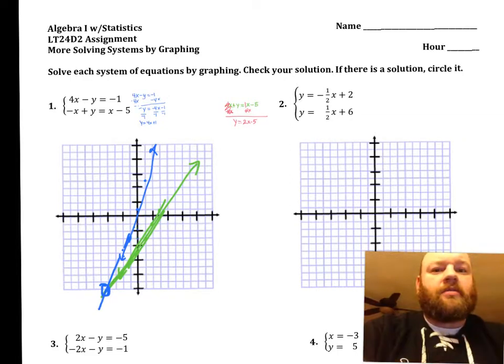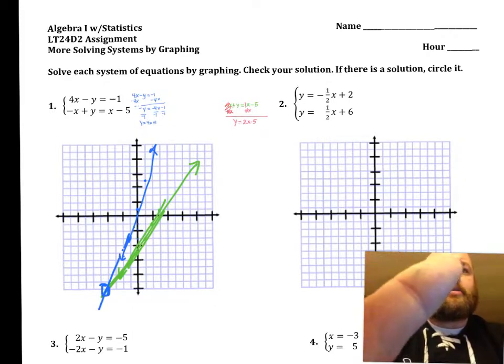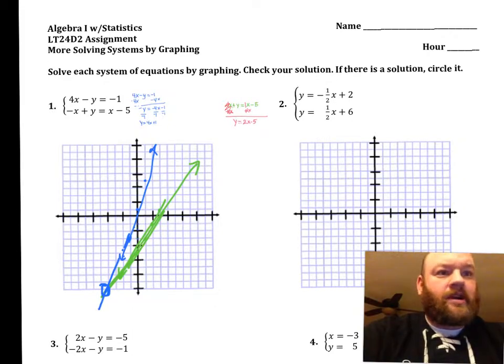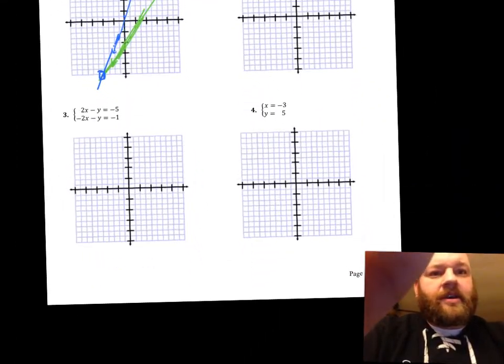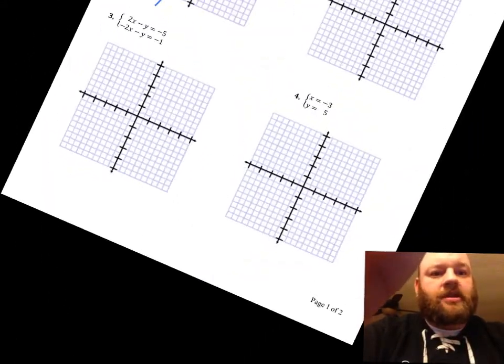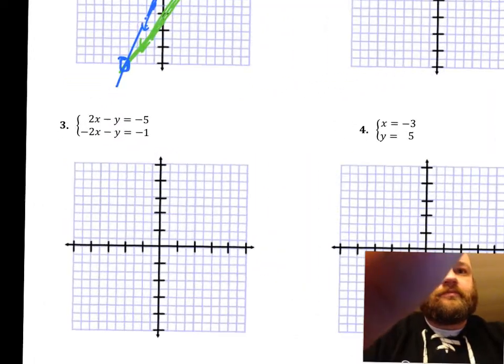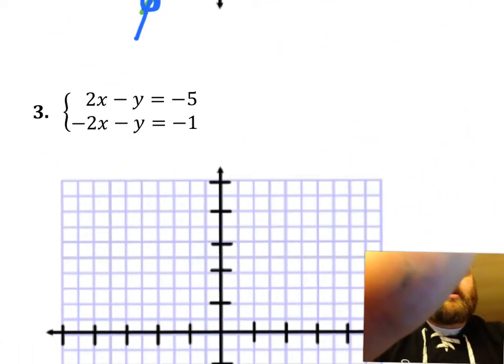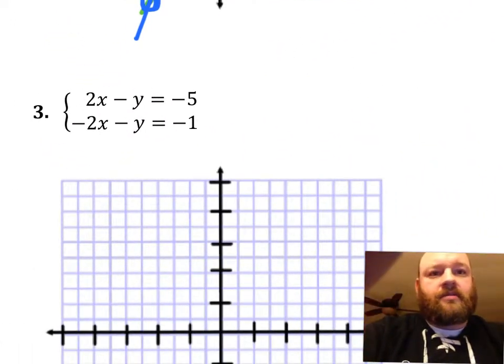Don't worry about where it says checking your solution. We just want to solve for y and graph. Number 2 is going to be nice because it's already in y equals mx plus b. Number 3 is going to be kind of tricky. You're going to have to subtract the 2x, divide by negative 1, add the 2x, divide by negative 1.